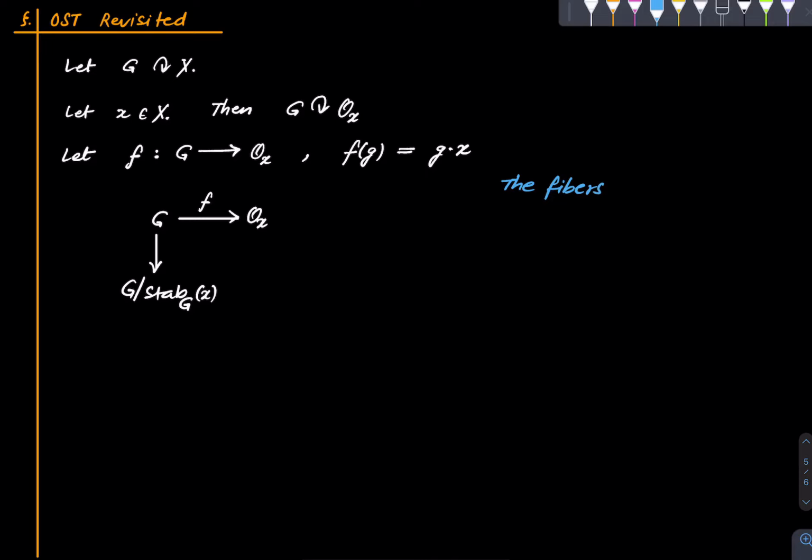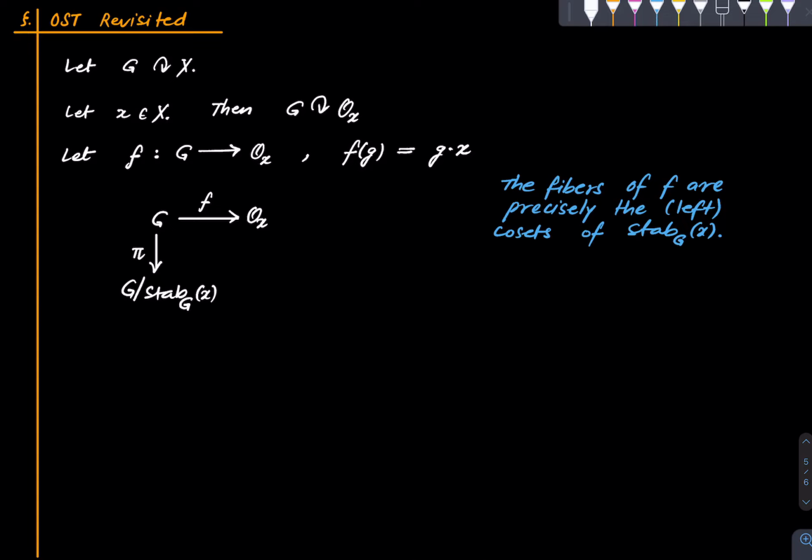Every fiber is non-empty, and the fibers of f are precisely the left cosets of the stabilizer of x. So just do this as an exercise if you don't see this immediately.